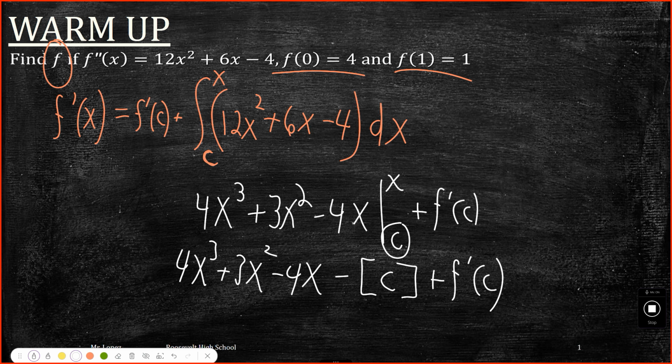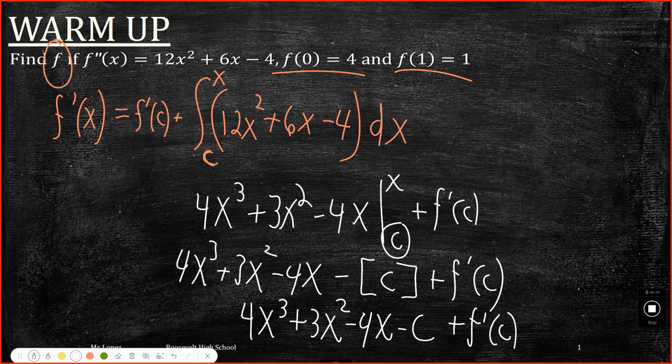So making it more complicated: 4x cubed plus 3x squared minus 4x minus c plus f prime of c is equal to f prime of x.